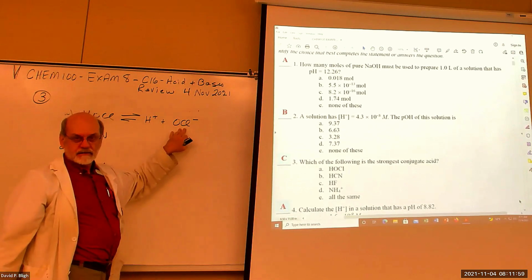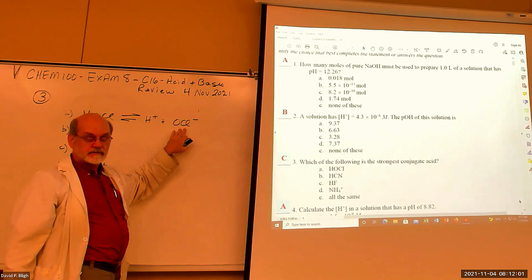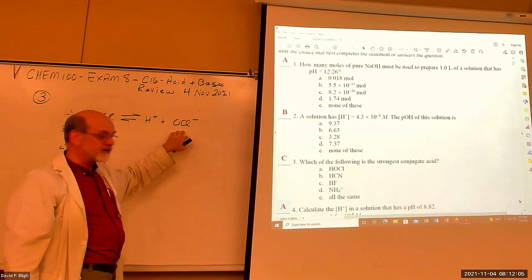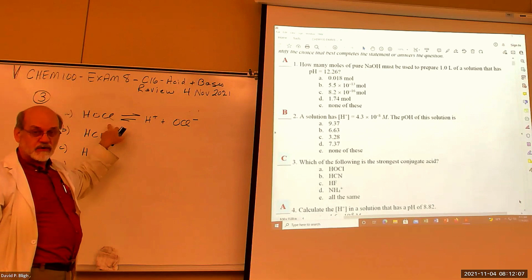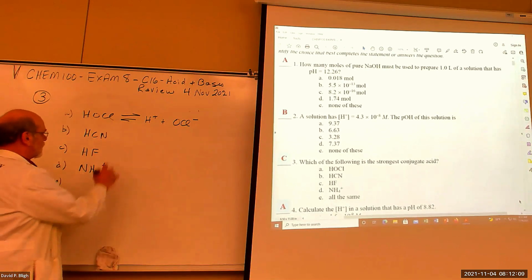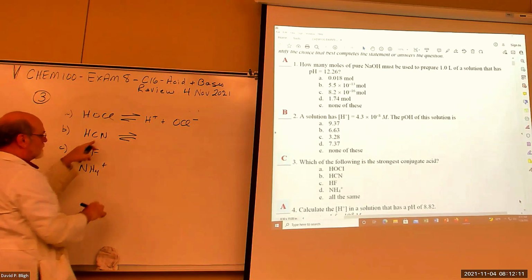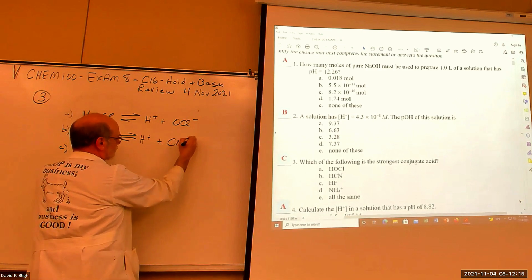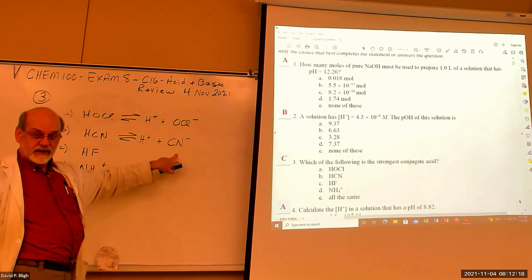This is the hypochlorite ion, which means this would be hypochlorous acid. This one, that's the cyanide polyatomic ion.